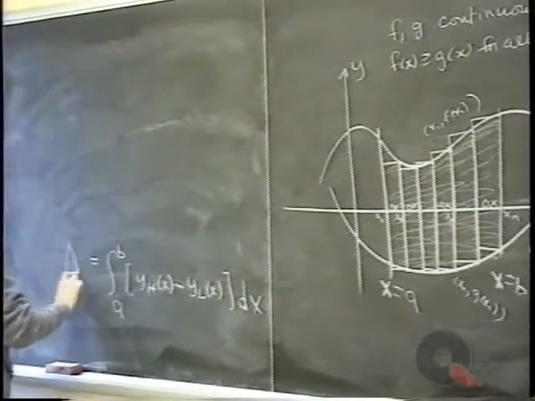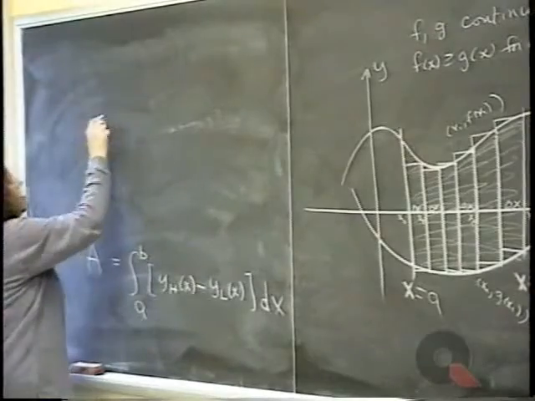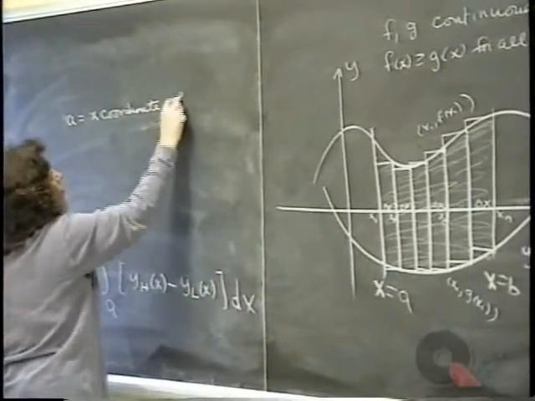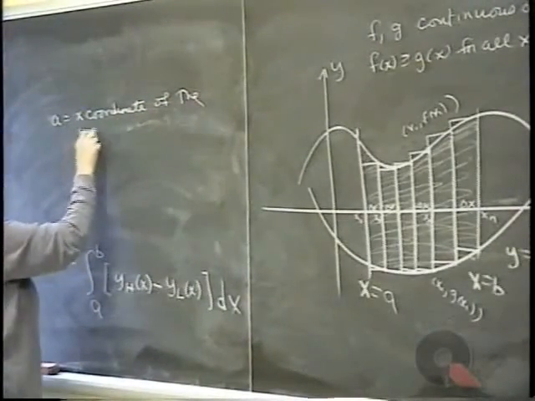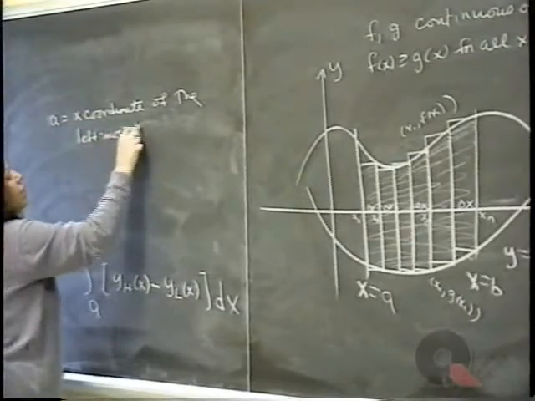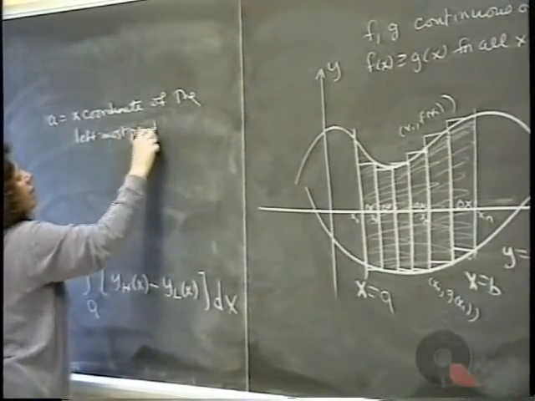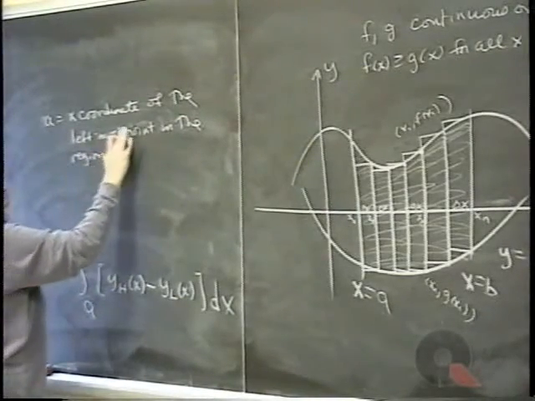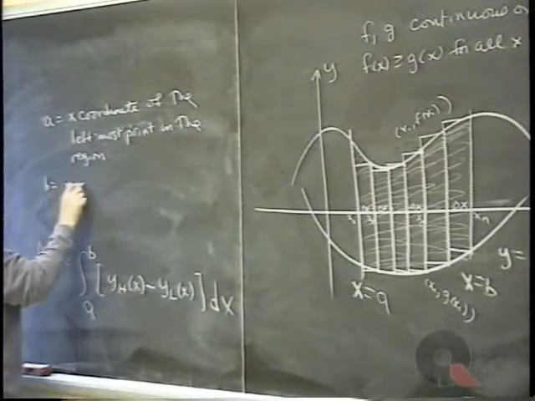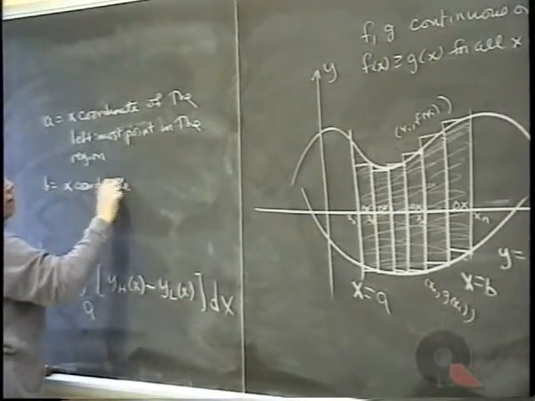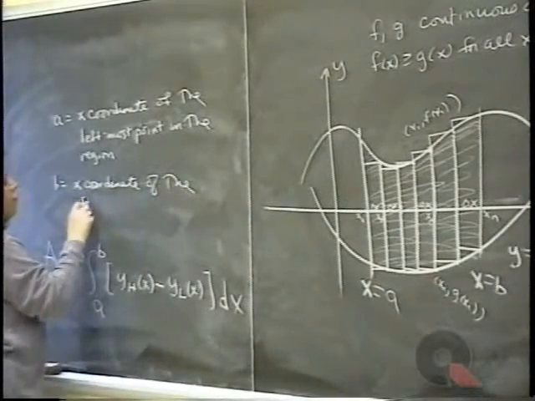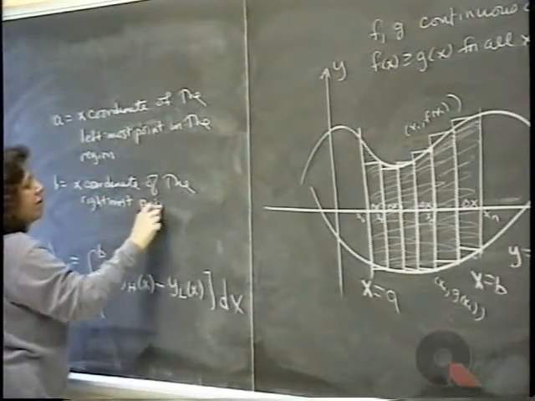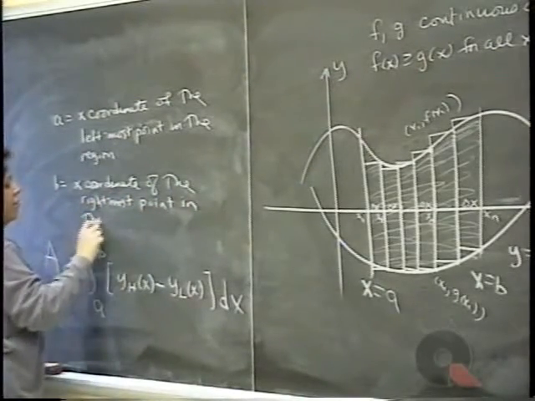If this is going to be our formula for area, a is going to be the x-coordinate of the leftmost point in the region, and b is going to be the x-coordinate of the rightmost point in the region.